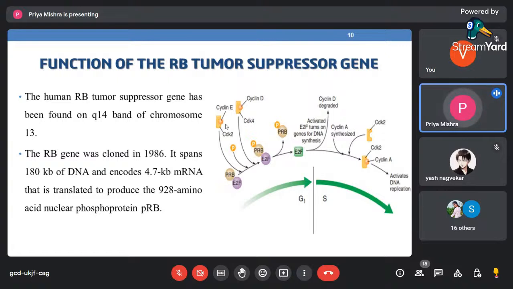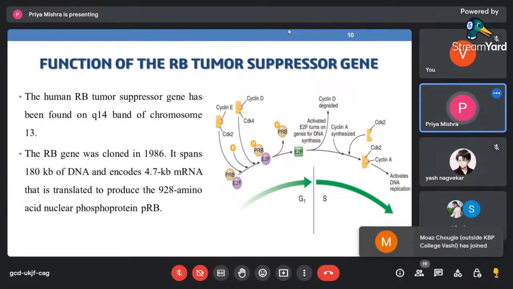When pRB is unphosphorylated, the activity of E2F is inhibited. When a phosphate group is added and pRB becomes phosphorylated, it is removed and E2F is activated.